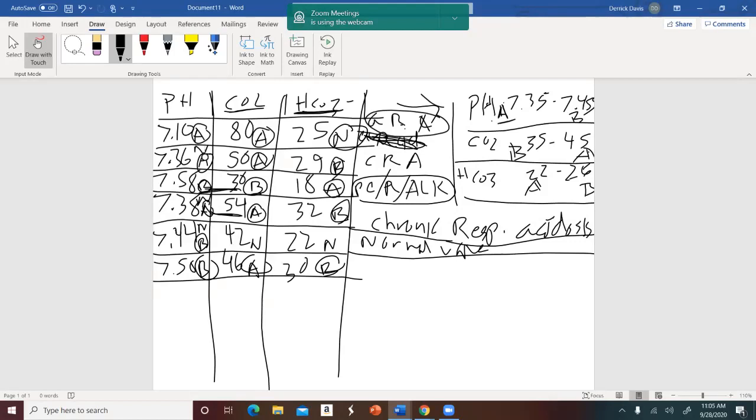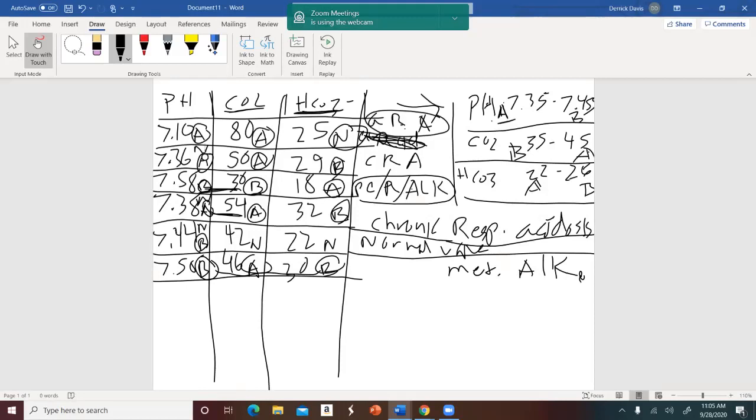So when we're looking at this, we key everything off of the pH. The pH is alkalotic, so we're going to put an alkalosis, and I'll just write ALK over here. Now we need to match up who's to blame for this pH being 7.50. Well, that's just where I match the letters up. So that would be the bicarb. So this would be a metabolic alkalosis.